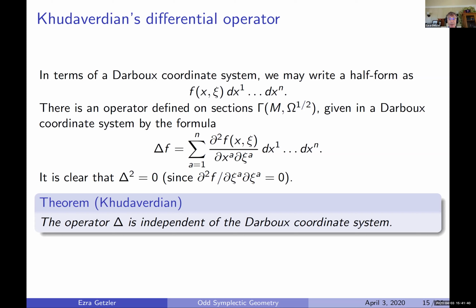In any case, he proves that this operator is independent of the Darboux coordinate system. So this is some result about G structures, really. So now, if you take one thing away from this talk, it's that there's actually an invariantly defined operator that you might not have heard of before in supergeometry, which I think is a pretty important statement.